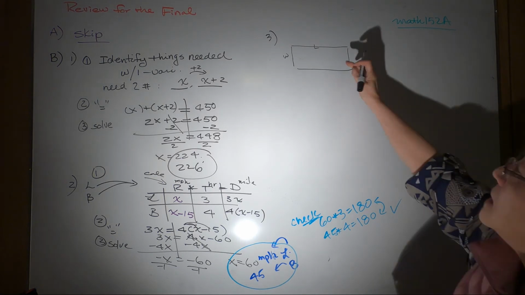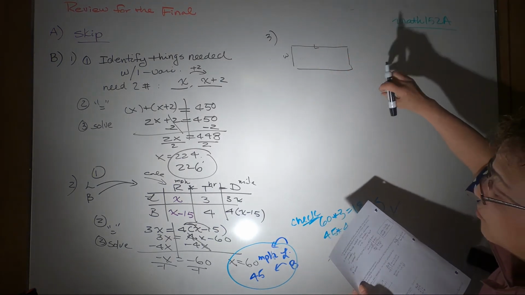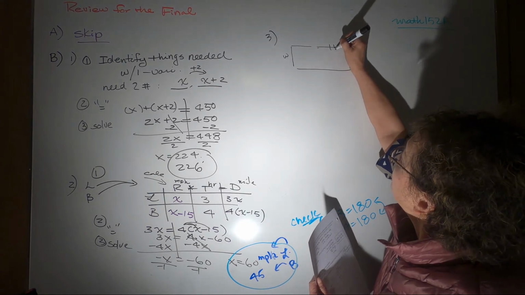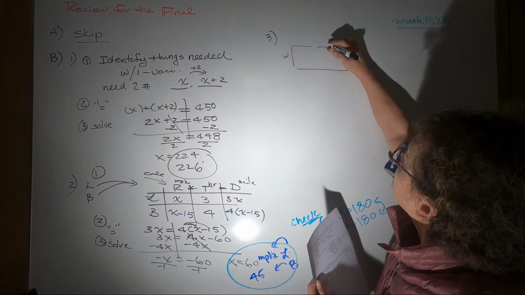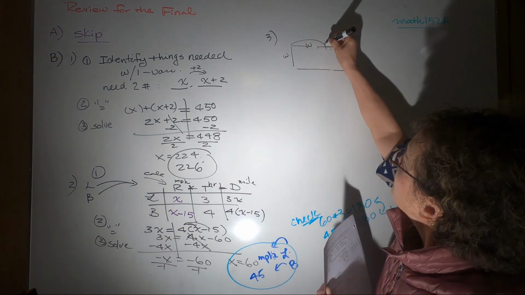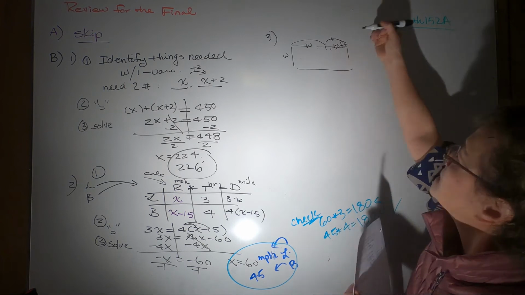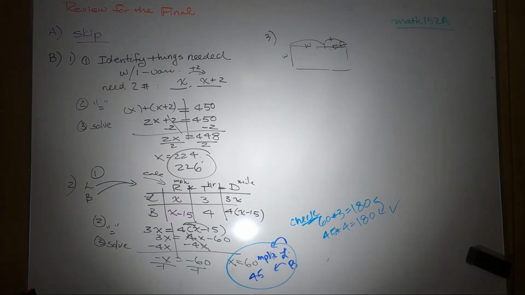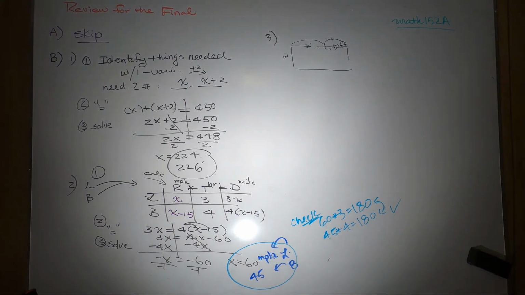Then it says length is 50 feet more than its width. So the length will be what? The width plus another 50 feet, right? So we use the picture to help us visualize it.